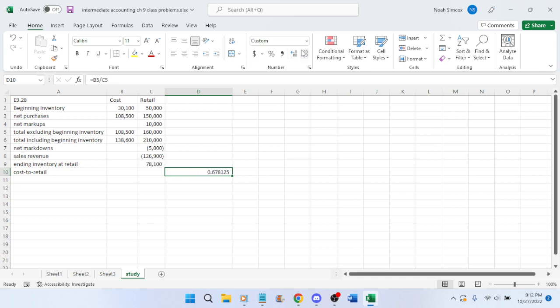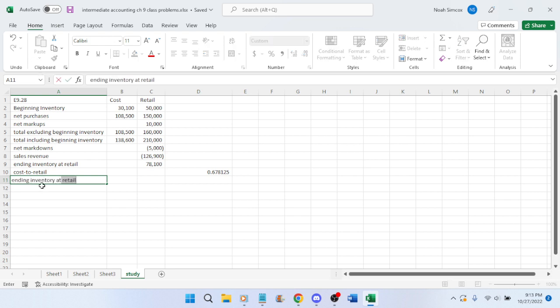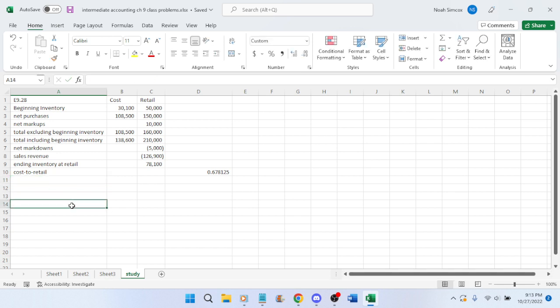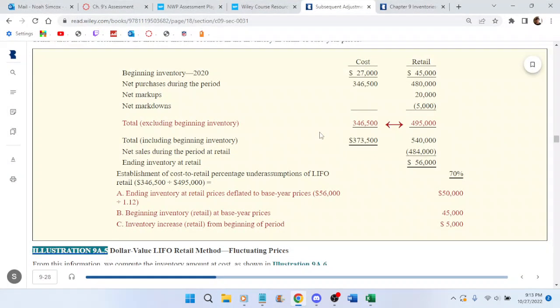I wouldn't do that on a test though, would I? Cost to retail. So now, ending inventory retail at base year. No, wait. Why do I always forget everything? I literally just looked at it and now I forgot.